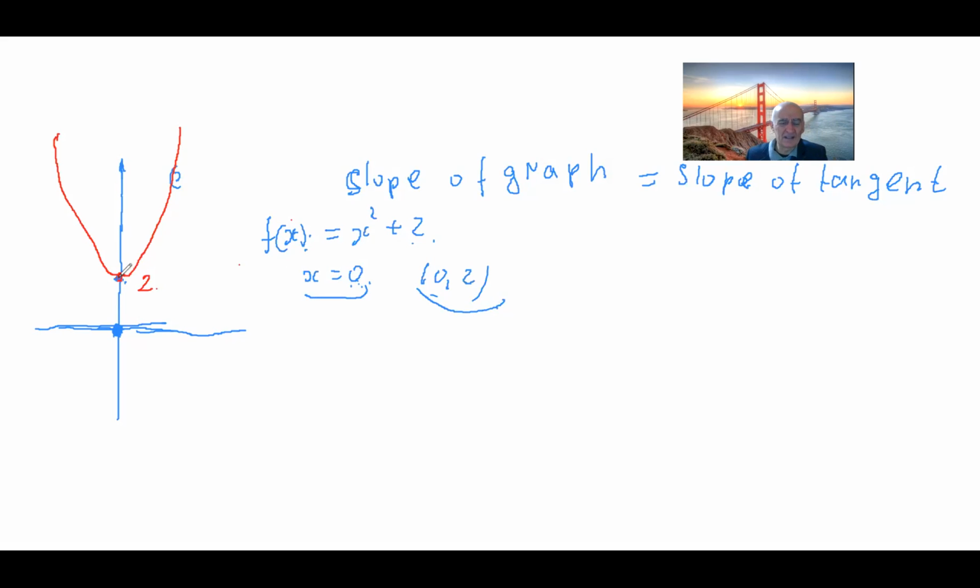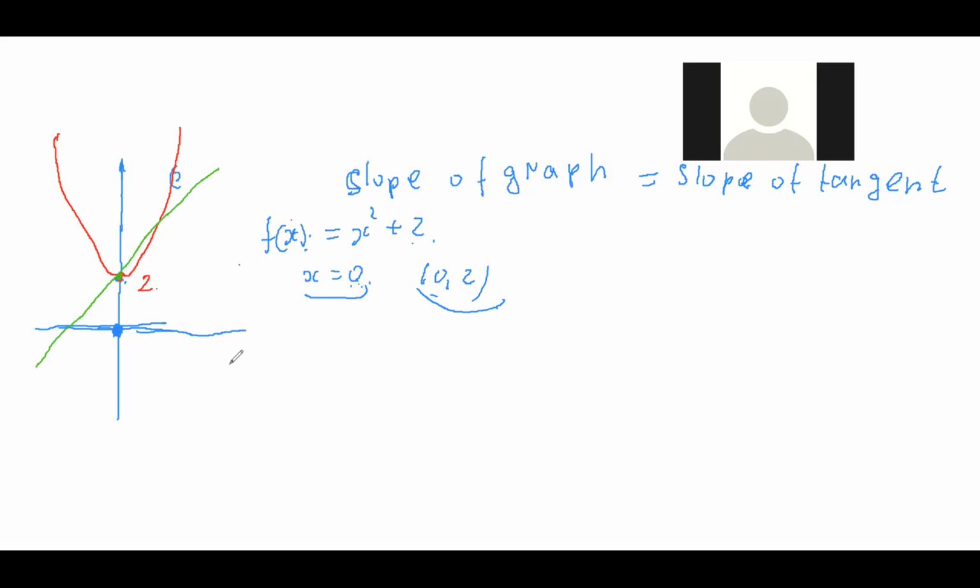Can you tell me what is the tangent line? How can I pass this tangent line? If I pass a line in this way, is it a tangent line? No, it's f(x) equal to... Very good, Michael. So it's not a tangent line, of course.